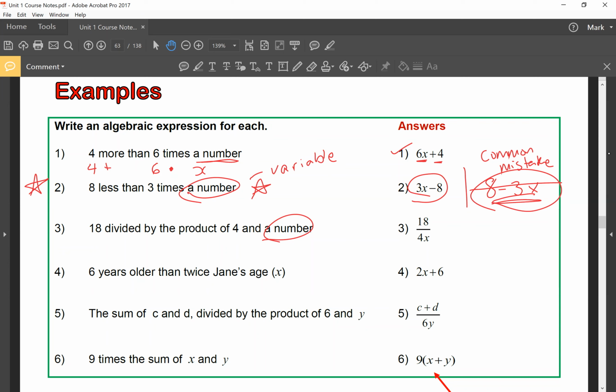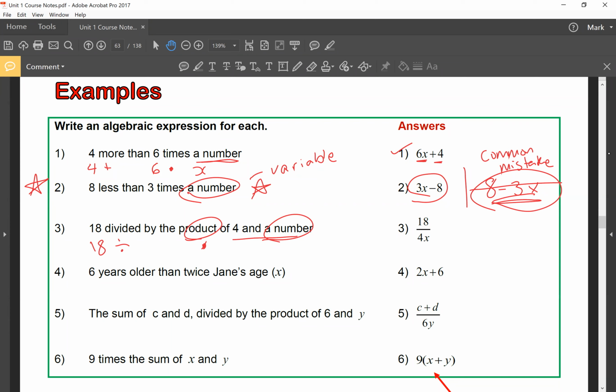Very common mistake. Okay, number 3, 18 divided by. Okay, so that's pretty easy. 18 divided by the product of 4 and a number. Product means multiply. So 18 divided by 4 times a number. Pretty straightforward.